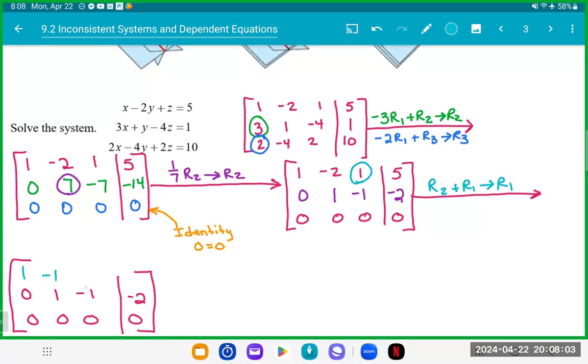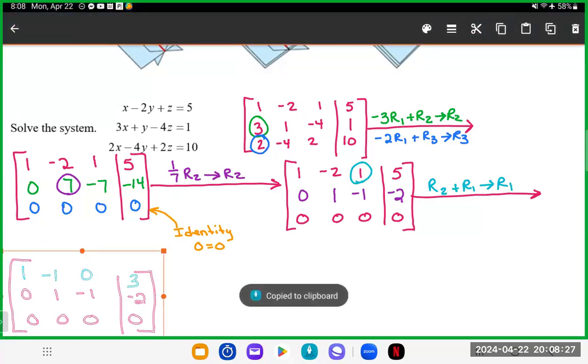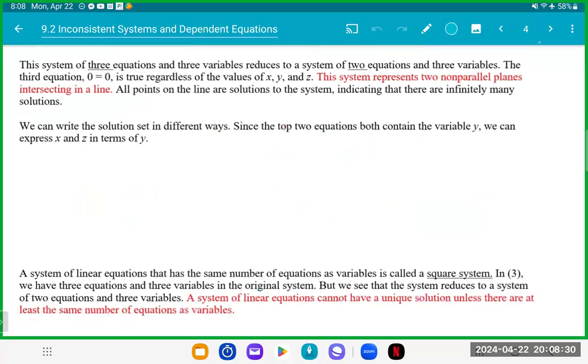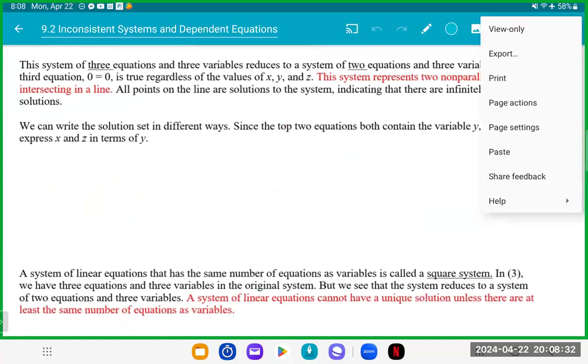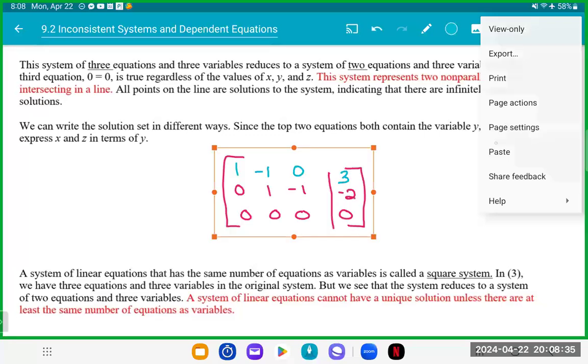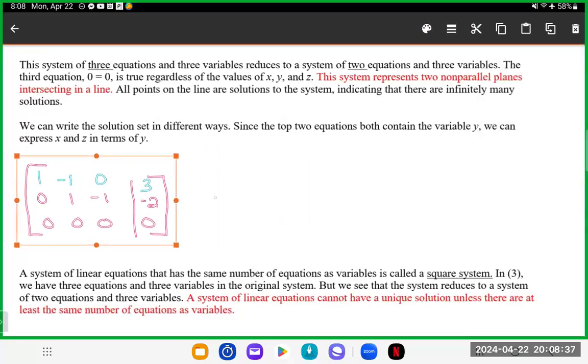Negative 1 plus 1 is 0. Negative 2 plus 5 is 3. I'm going to copy this over onto the next screen.